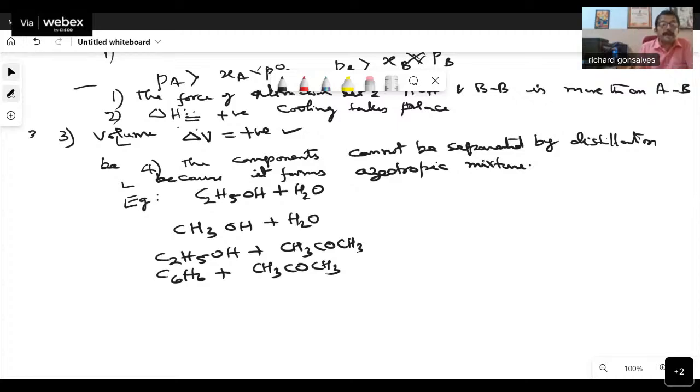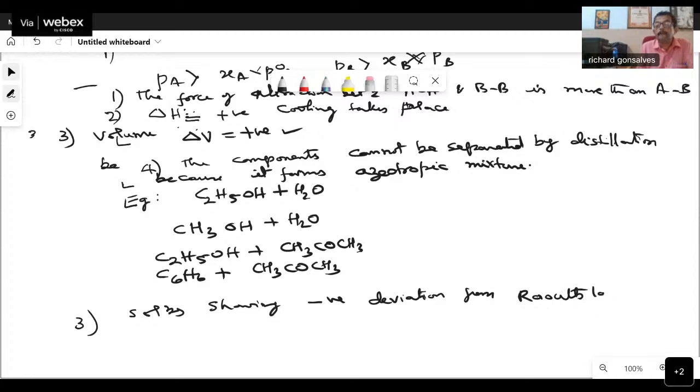We go to the third variety. Solutions showing negative deviation from Raoult's law. What does it mean? When does it happen?